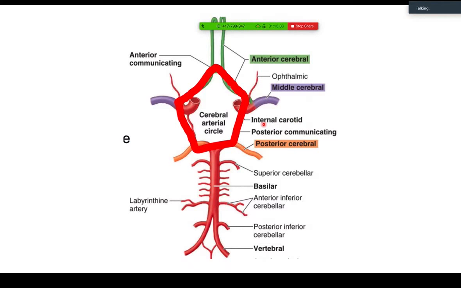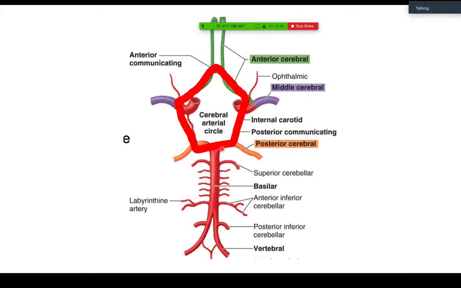So the internal carotid is one of those arteries that goes through our neck and ultimately gives off our middle cerebral. The first branch of the internal carotid is our posterior communicating artery, which is going to give off our posterior cerebral artery, giving all of our blood supply to the occipital lobe, as we discussed before.